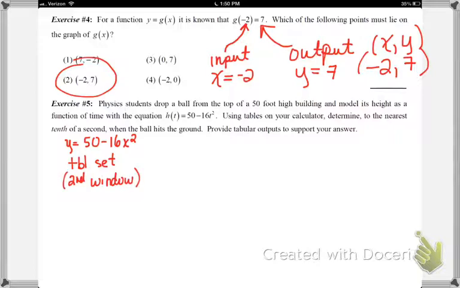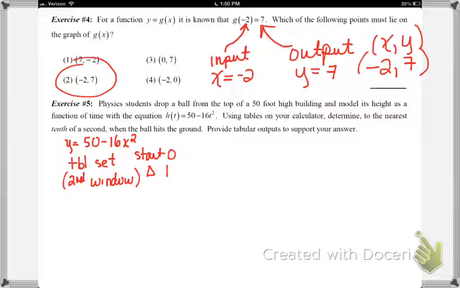And we're going to start at 0. Let's make our delta 1. All right, now let's press second graph, and our table shows up. And you see that y starts at 50 feet, goes down to 34 feet, then we go down to negative 14. So a delta of 1 doesn't let us zoom in on when it actually starts hitting the ground.